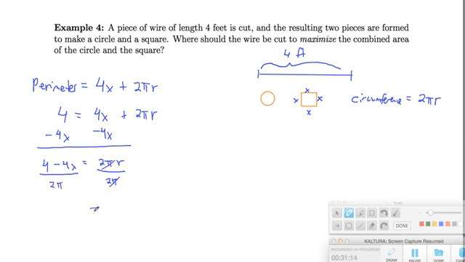What happens then is I get r equals (4 minus 4x) over 2 pi. But I can reduce that to (2 minus 2x) over pi, and I can factor out a 2 to make that look nice. So now this is a formula for my radius.